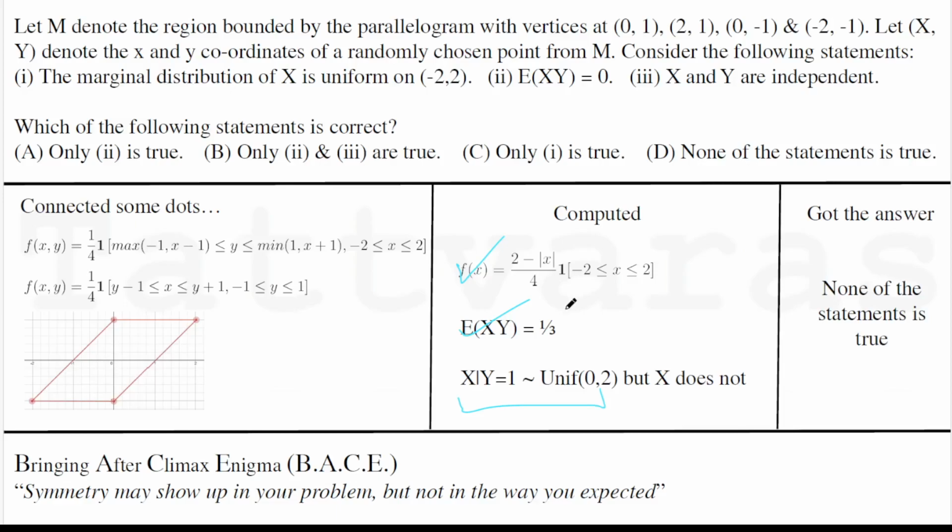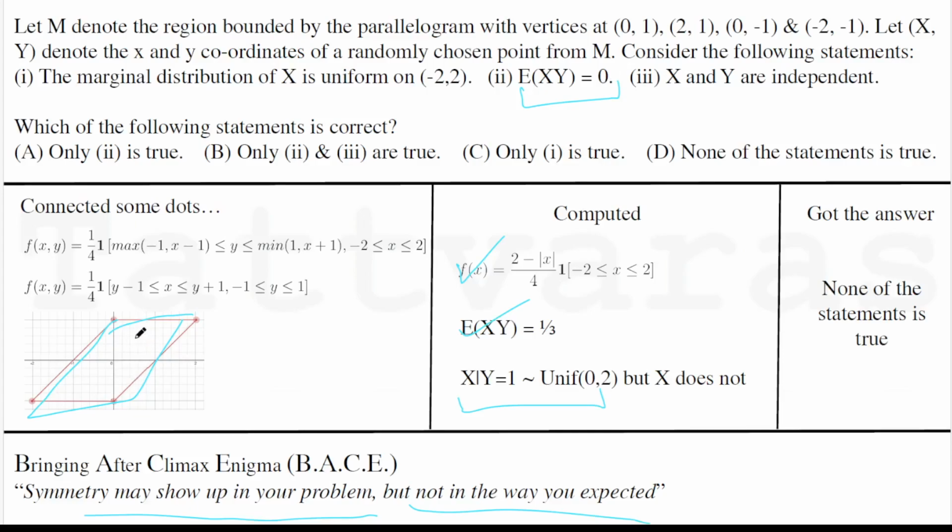And one way to build your base for exams is that symmetry may show up in your problem, but not in the way you expected. In this case, we did see that this parallelogram was a nice symmetric structure. So at first glance, this thing might have seemed true, but it was not when you introspect it further.